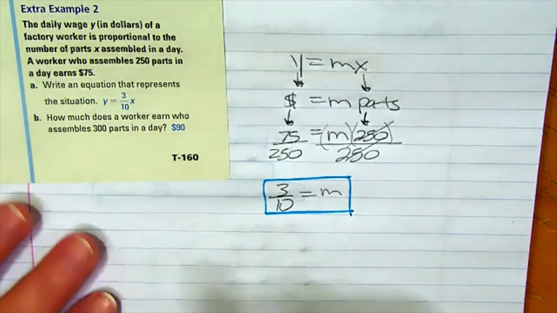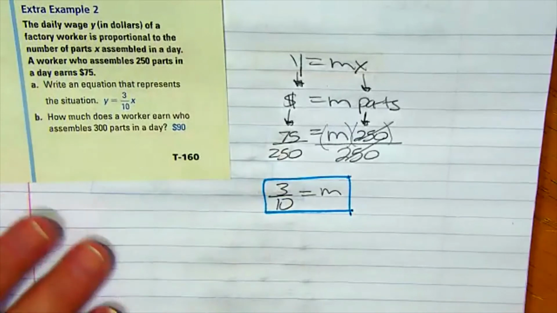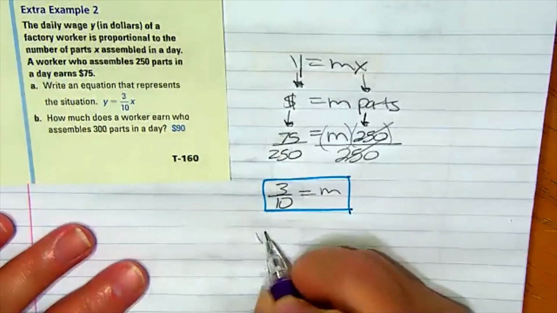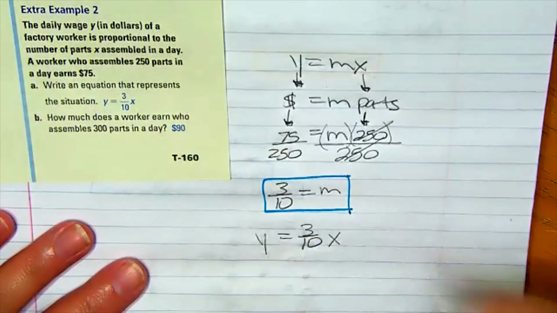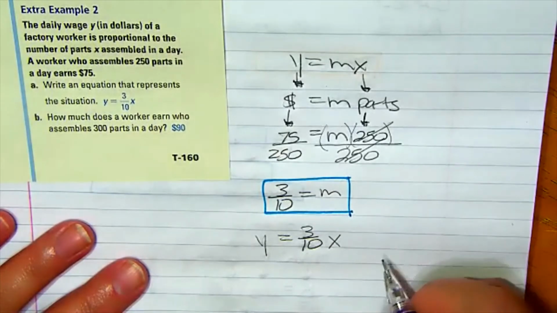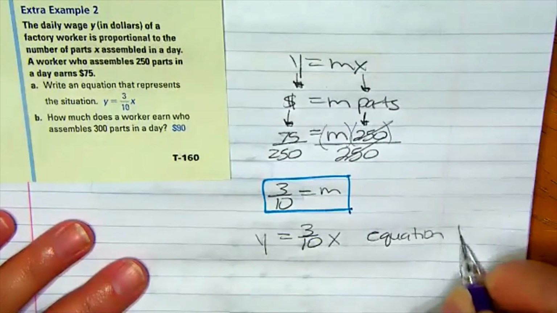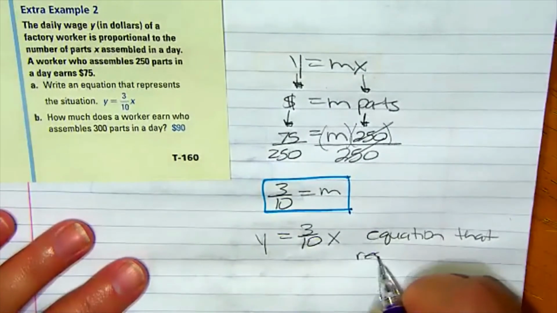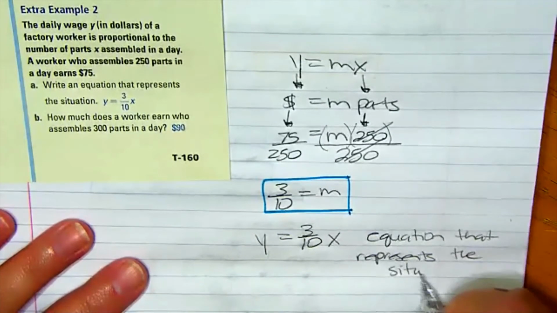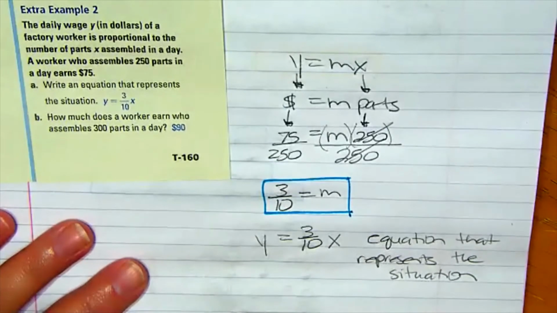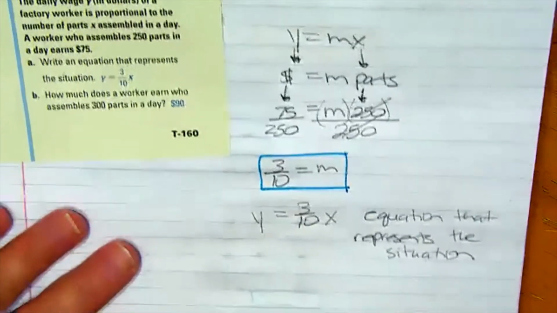But it's asking me to write an equation that represents the situation. Okay, we know that it's proportional. My constant of proportionality goes there. This is the equation that represents the situation.